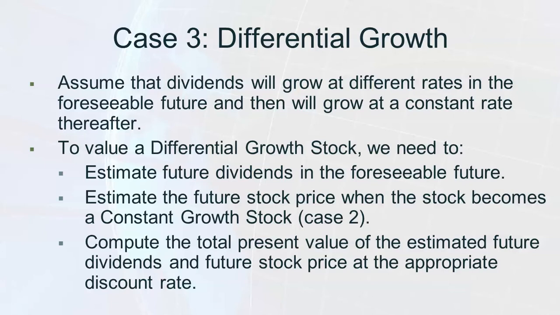Assume that dividends will grow at different rates in the foreseeable future, and then grow at a constant rate thereafter. So you're going to see the dividend changing at different rates for a certain time, and after that the growth is going to be constant.